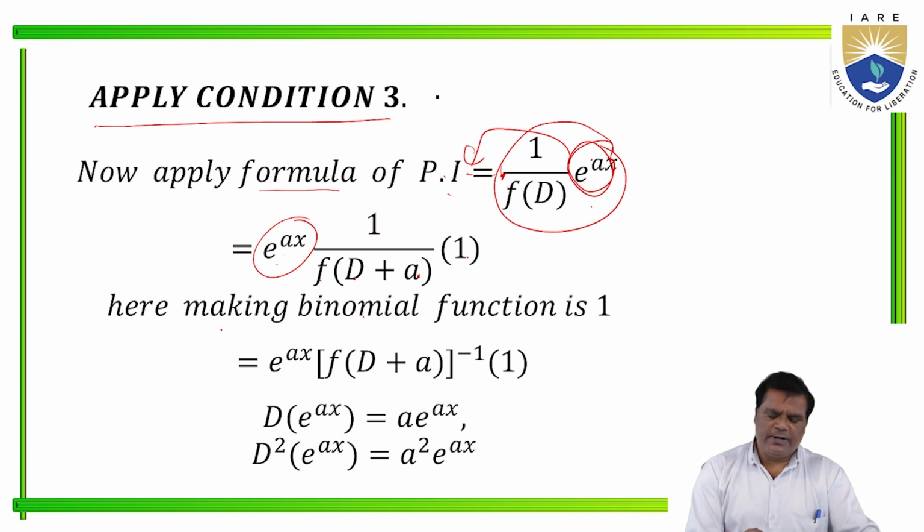The function becomes 1 because the exponential function goes to the left side of the PI, and D converts into D plus a.